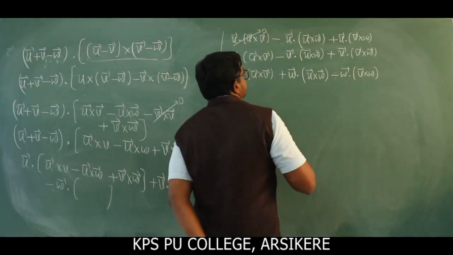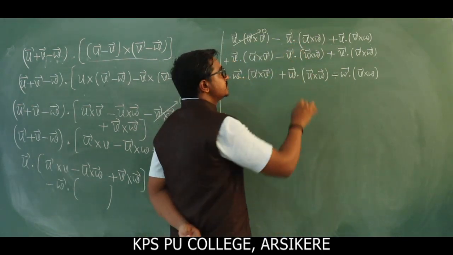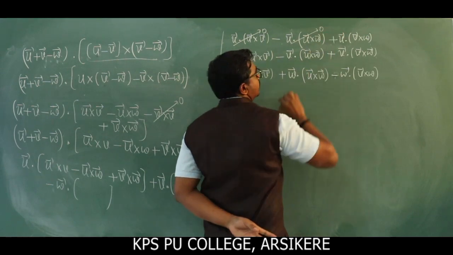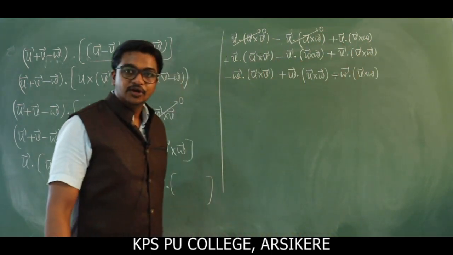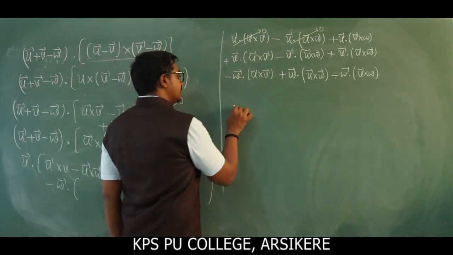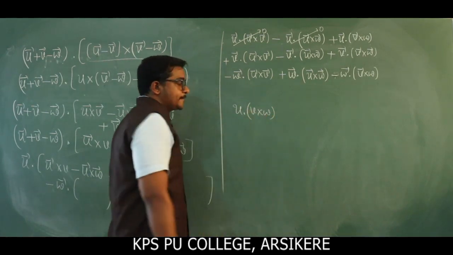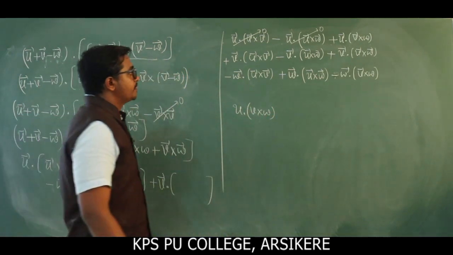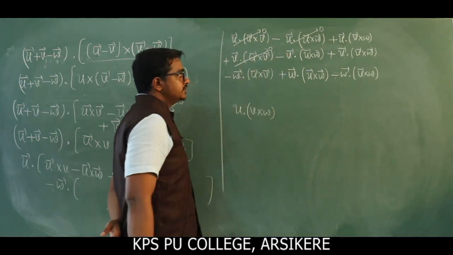And next one, u dot u cross w, that is also 0, then u dot v cross w, that becomes u dot v cross w quantity. Clear? Okay. And next, v repeats 2 times, so that value becomes 0.